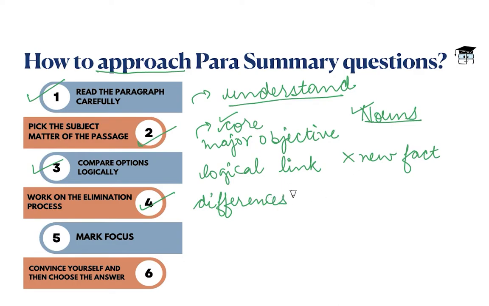So you should look for differences and you should look for hints in the paragraph that will help you identify which option is your answer. Discard the options that you feel have flaws in them, the options that you feel are flawing the whole paragraph.